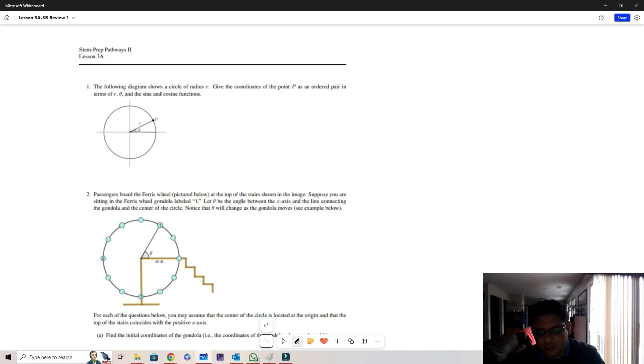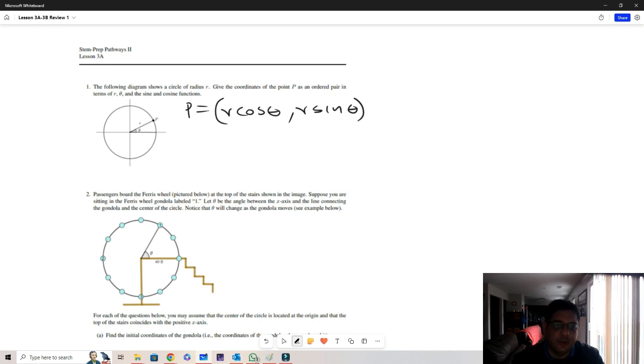So in class, we got that if we have this circle of radius r, with a point P over that edge, it is going to have coordinates r cosine of theta, r sine of theta. Okay?